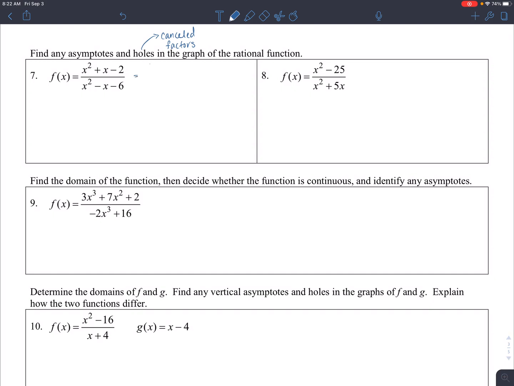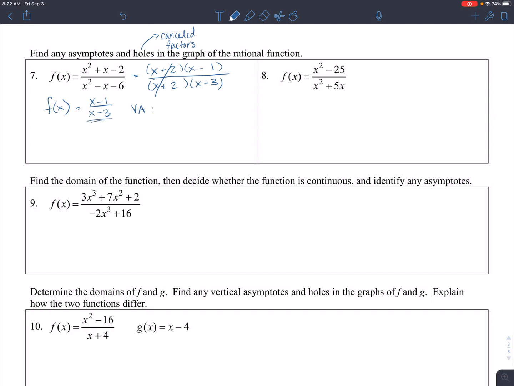So to simplify, you have to factor and see if any of the factors cancel. So here we have the factor x plus 2 canceling, which means my new function is x minus 1 over x minus 3. We now find our vertical and horizontal asymptotes from this new function. If you try to find it from the original, you will get the wrong answer.